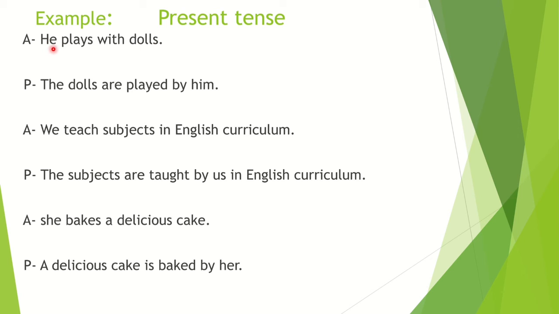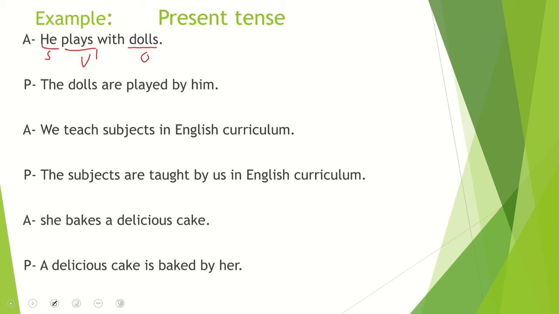He is our subject, plays is our main verb, and dolls, which is a noun, is our object. As I told you, dolls, that is our object, will interchange. Play is our main verb, which is in the base form of the verb, which means verb 1.